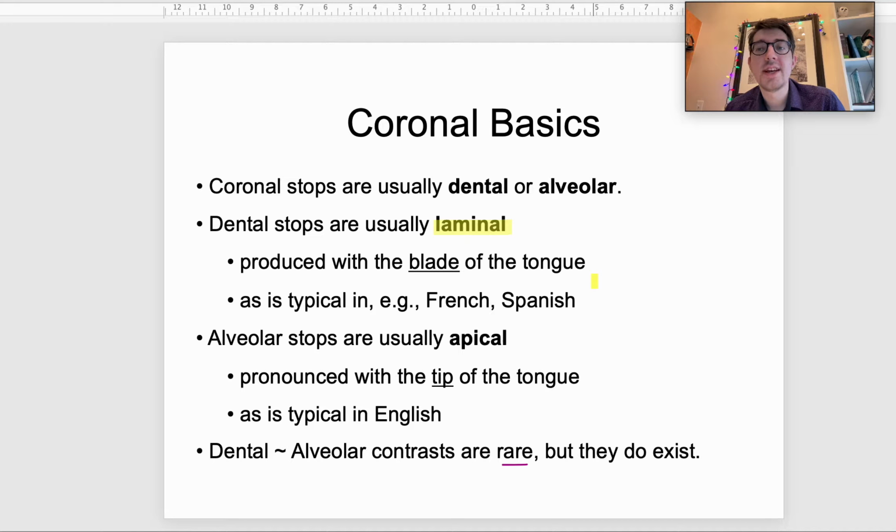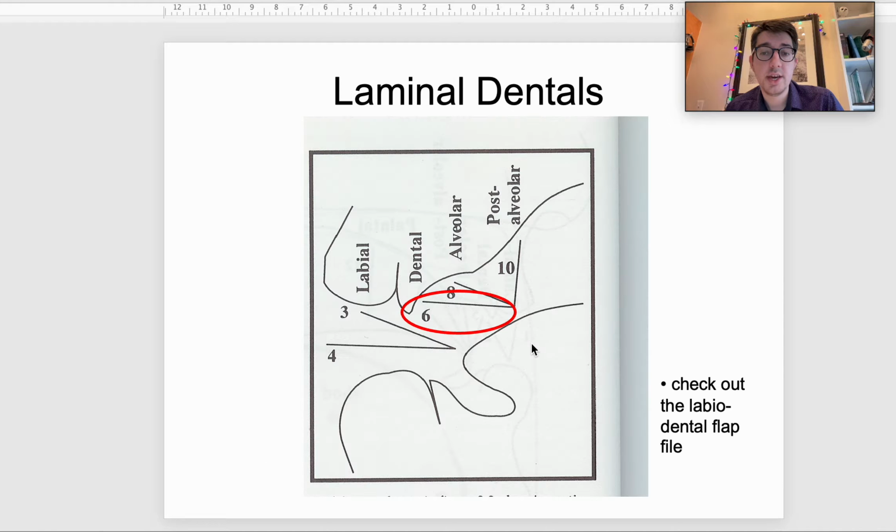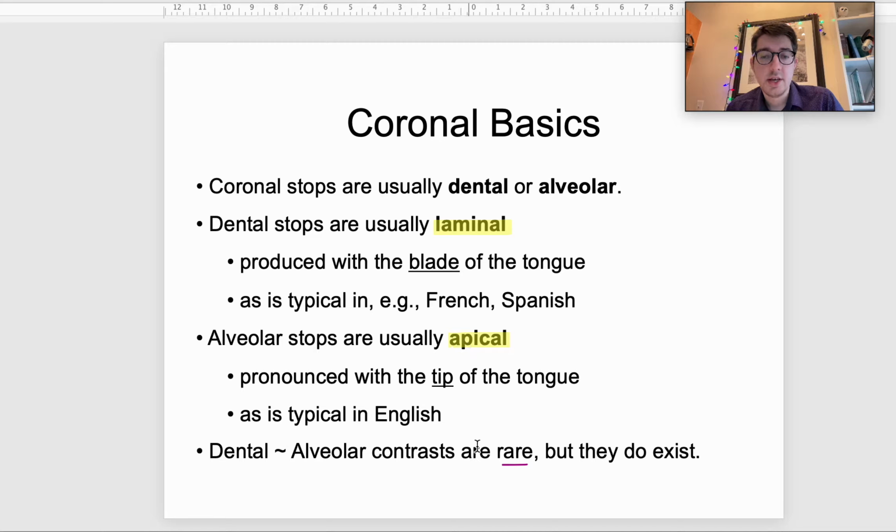So you produce the, right? And alveolar stops in English, for example, are usually produced with the apex. Even though there is a possibility of you producing them laminally, depending on your variety. So some speakers of English might produce them laminally, but usually alveolar stops in English are apical.